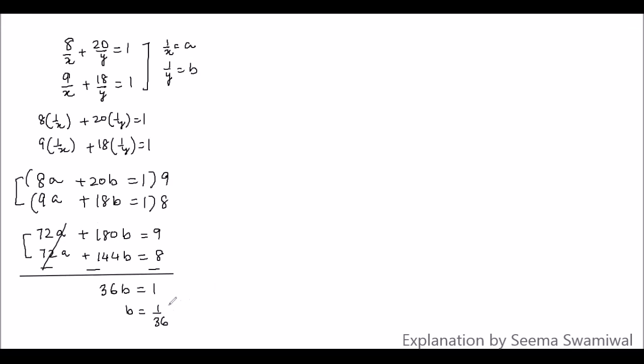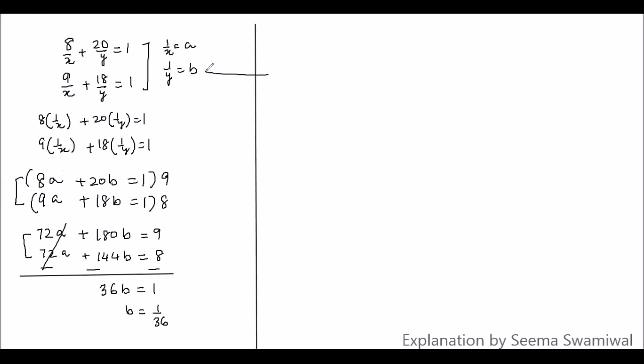Now, if you want, you may get the value of a by putting the value of b in this equation, or directly you may put the value of b, 1 by y is b. Directly also you can get, without getting the value of a also you are able to get the value of x and y. So how will we proceed? We will proceed from here, children.